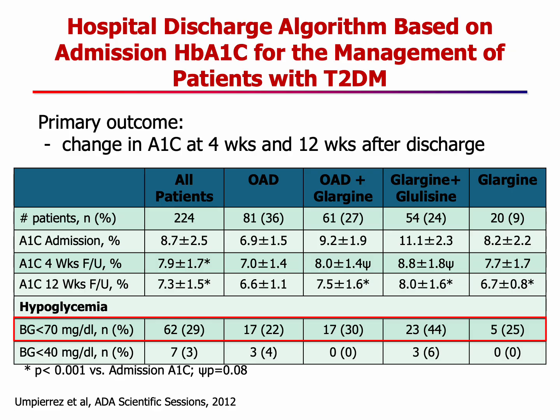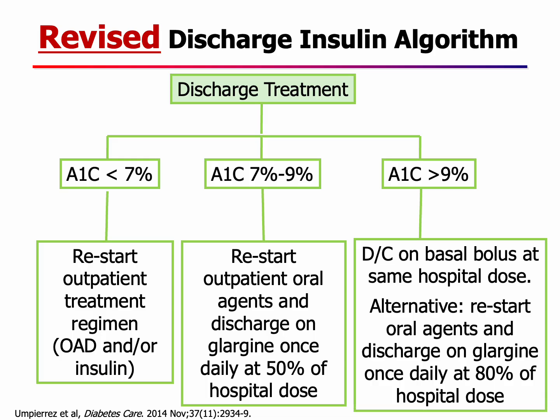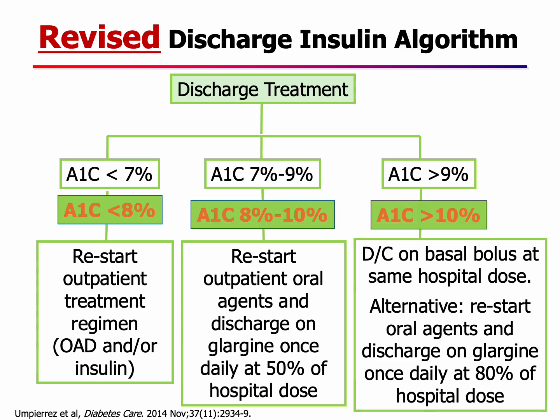However, they show an increased rate of hypoglycemia, about 30 to 40%. And because of the increased rate of hypoglycemia, they revised the algorithm with an A1C of less than 8% instead of less than 7% to restart the outpatient treatment regimen.